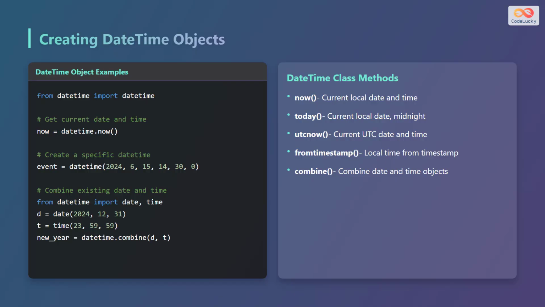Let's learn how to create DateTime objects. To get the current date and time, you can use the DateTime.now function after importing the DateTime class from the DateTime module. To create a DateTime object for a specific date and time, you can specify the year, month, day, hour, minute, and second. For example, to create a DateTime object for June 15, 2024 at 14:30, use DateTime(2024, 6, 15, 14, 30).